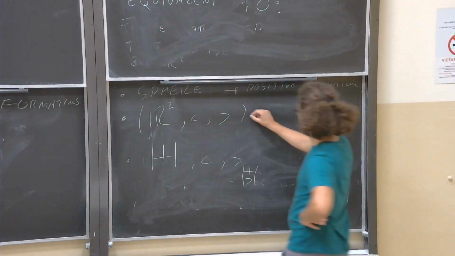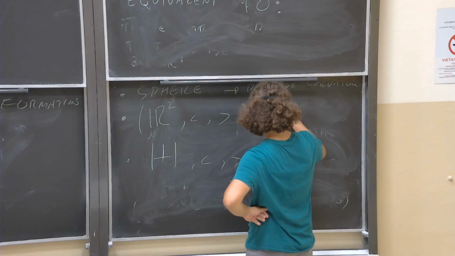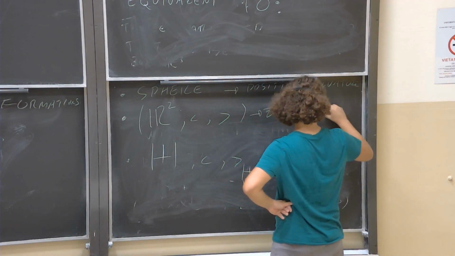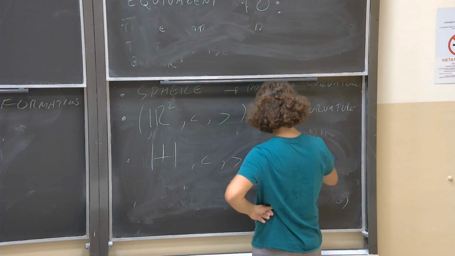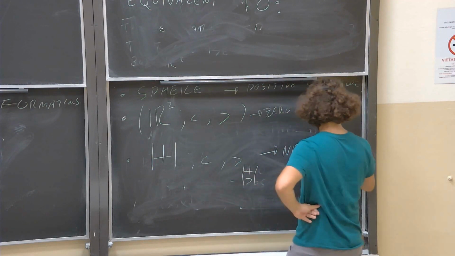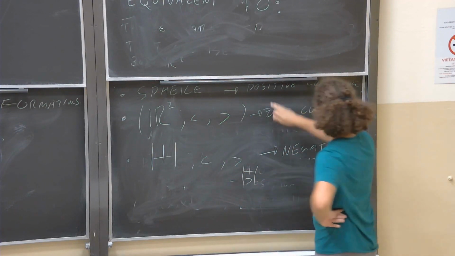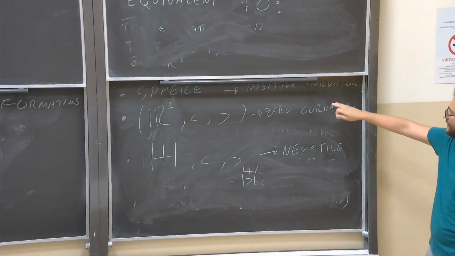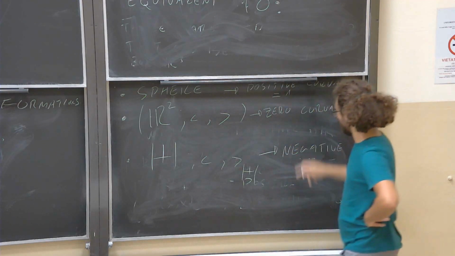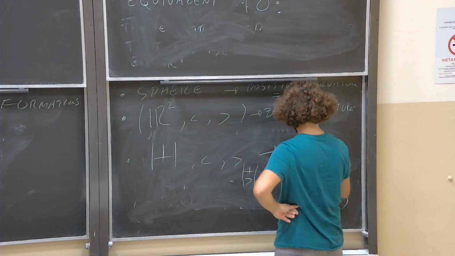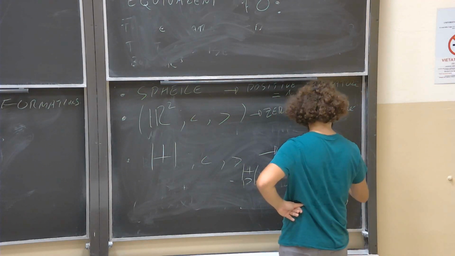So this is 0 curvature, flat. And this one is the fundamental space of negative curvature. Constant curvature. When I say positive, I say its curvature is 1. Its curvature is 0. Its curvature is -1.